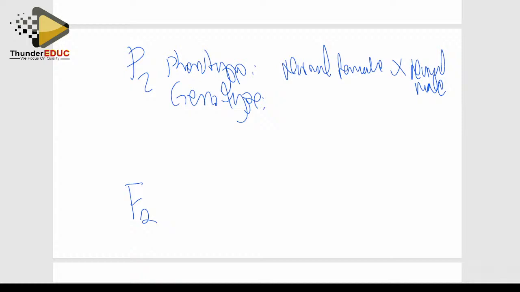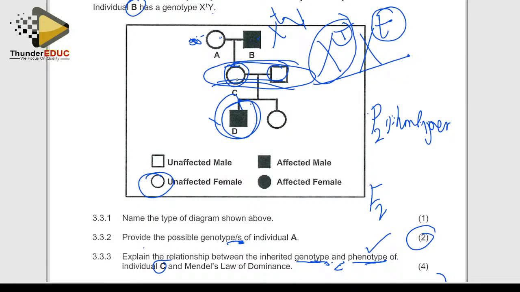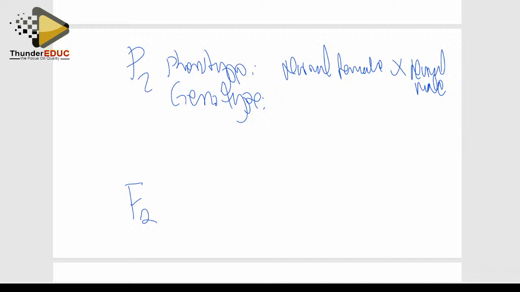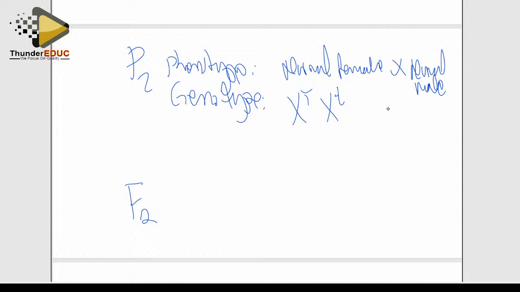Then the genotype, when we see it here, this is heterozygous and this is normal. So it's going to be X capital T, X small t crossed with the normal male, which is X capital T Y. Then you say meiosis.